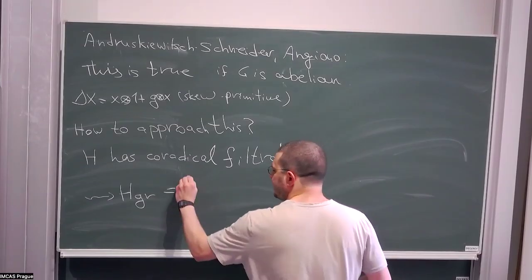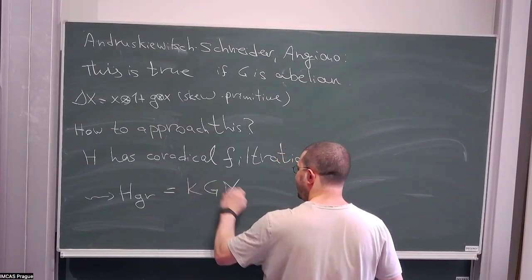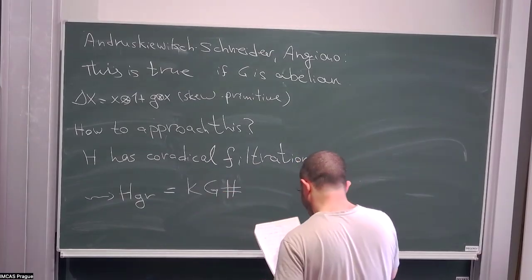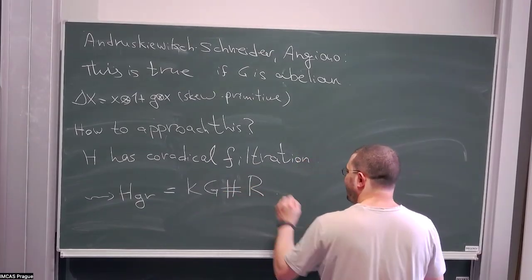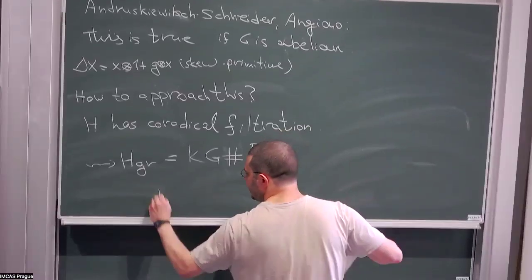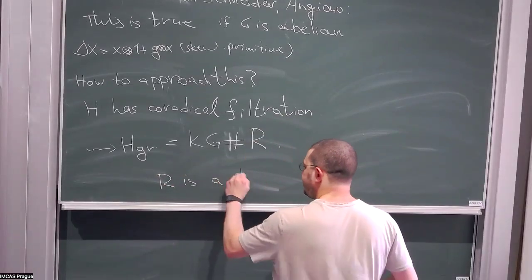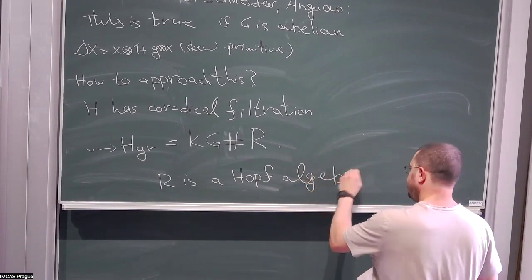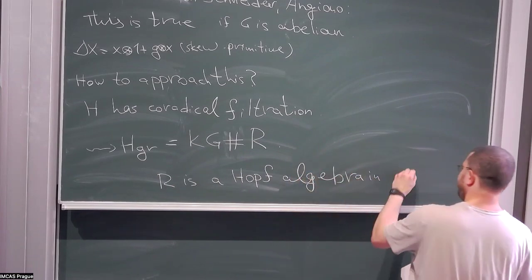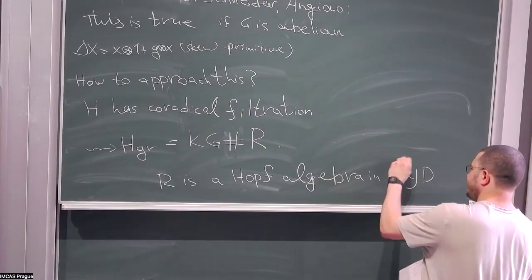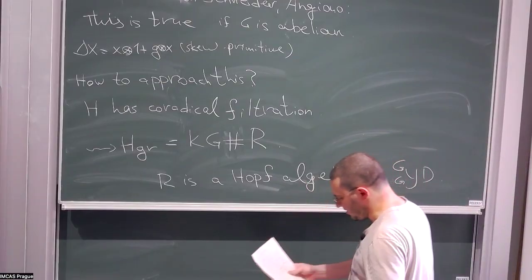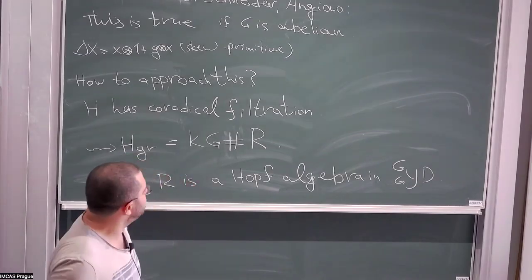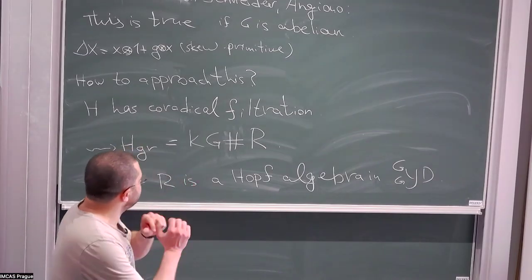And this thing is going to look like kG bosonization, which I usually write like this, bosonization with R, where R is a Hopf algebra in the Yetter-Drinfeld category over G. I will say in a moment what it is.